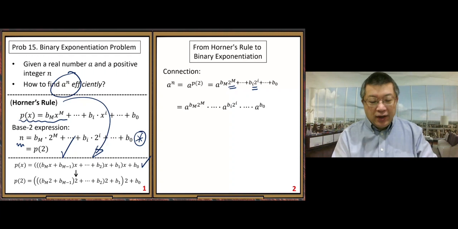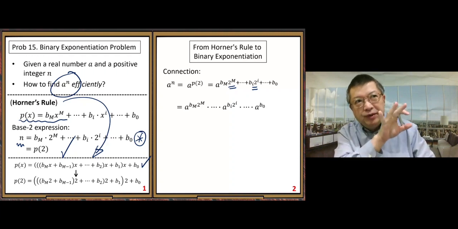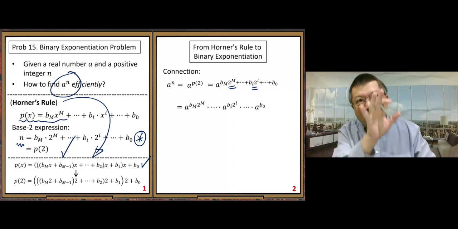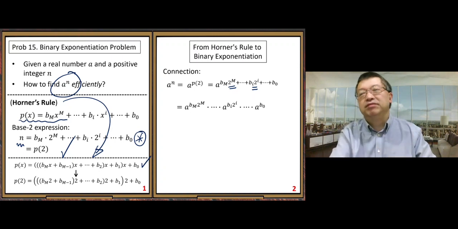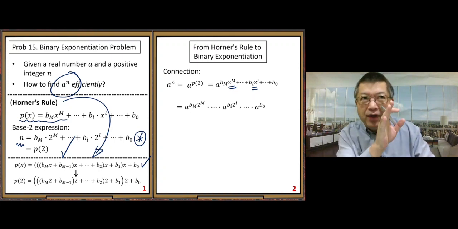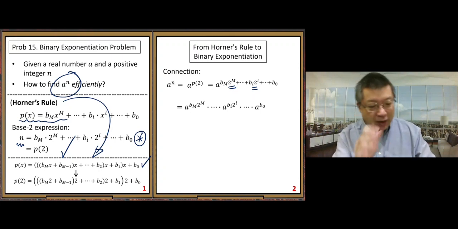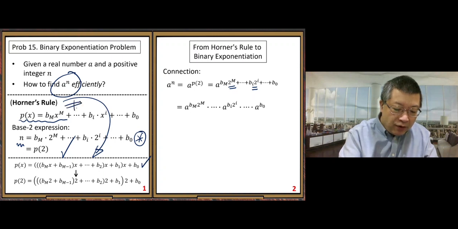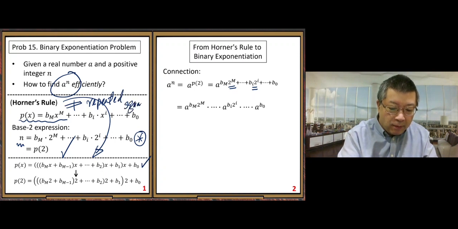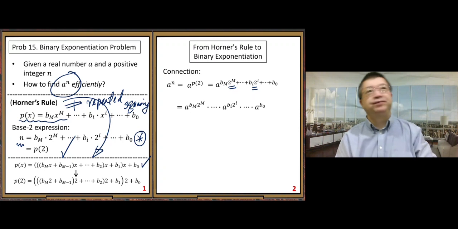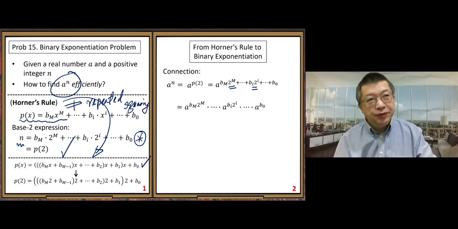So in our first try, let us look at this through the repeated squaring way, not the Horner's rule way. Horner's rule way is different from the repeated squaring way.